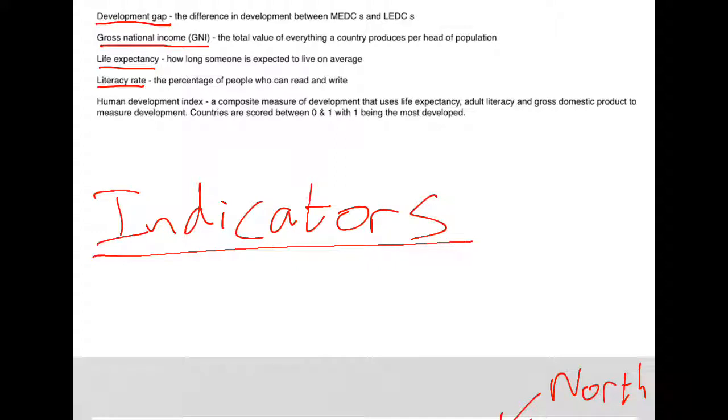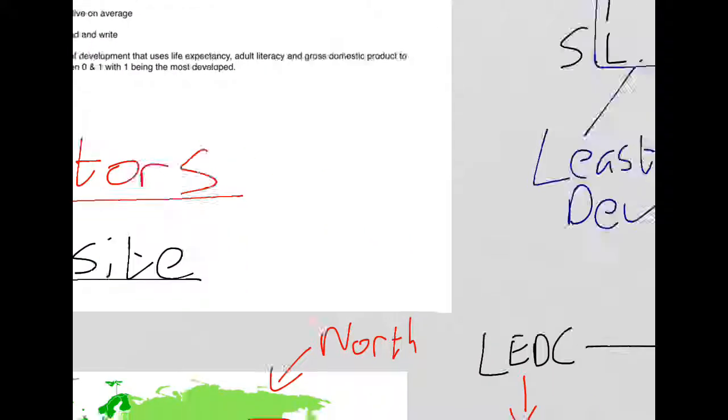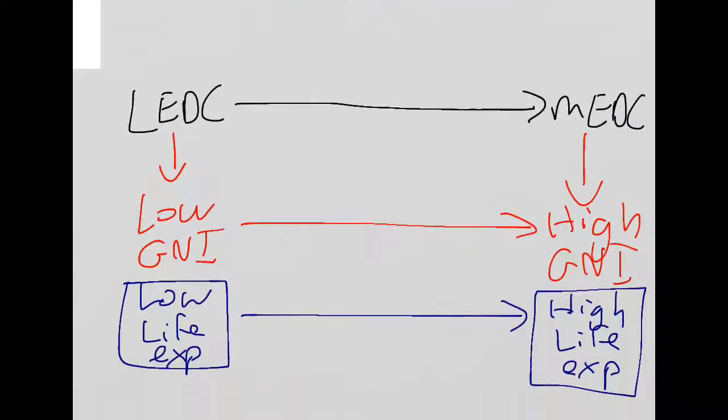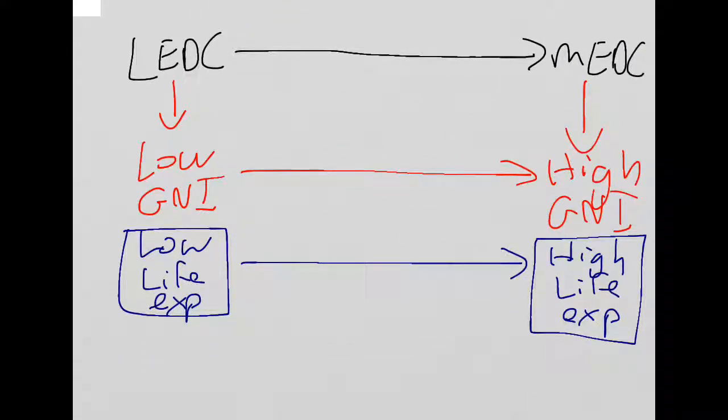Something else that you need to be aware of is this term, a composite indicator. So if I come down here and use gross national income as an example, if we think about some of the Arab states which produce oil, they would have a very high gross national income. They would probably sit round about here.